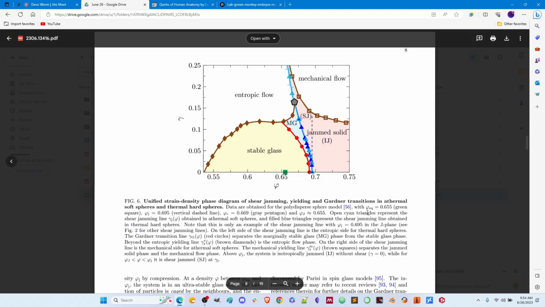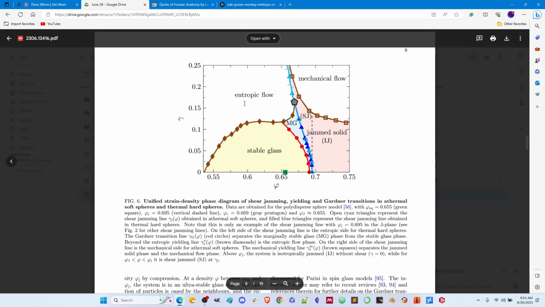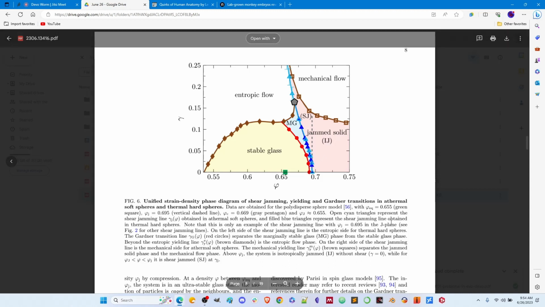Open cyan triangles represent the shear jamming line obtained in athermal soft spheres. Filled blue triangles represent the shear jamming line obtained in thermal hard spheres.